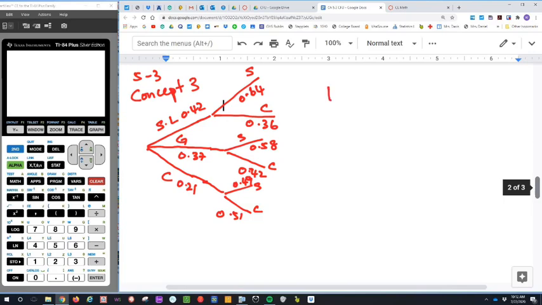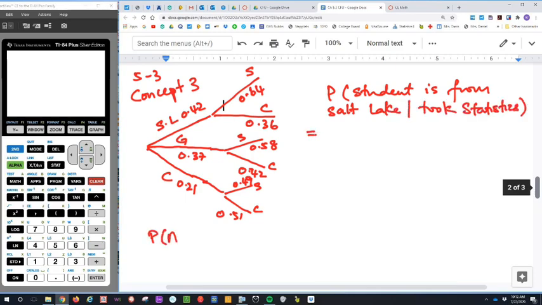In concept 3, we're supposed to consider the situation from concept 2 and find the probability that the student picked from Salt Lake, given that this student is actually taking statistics. So this is what we need to find.